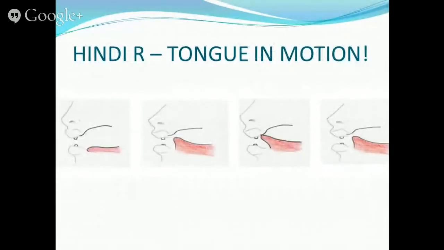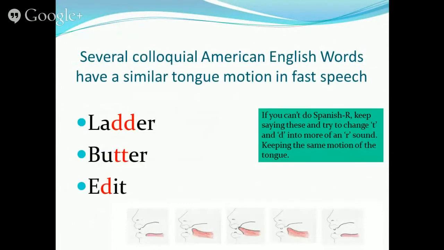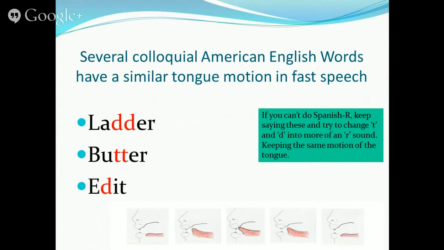The sound is made by the motion. Okay. So here's the deal. If you know American English, then you're fortunate because there are sounds in American English that approximate the movement of the Spanish R. It's almost the same tongue motion, almost the same sound, just slightly different.